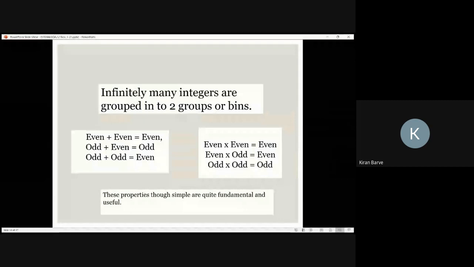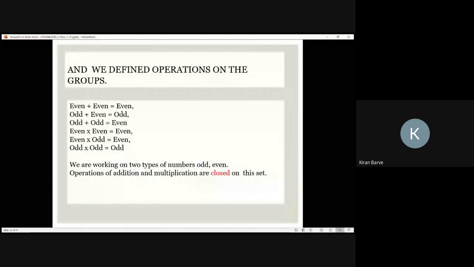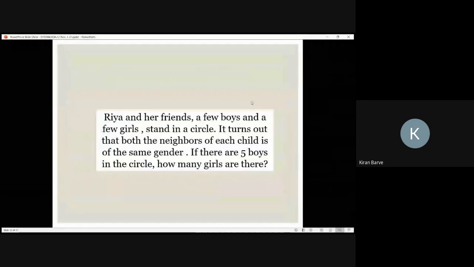Anybody can come, you will have this rule. That's what I said, that we define these operations. Now, this is for you.